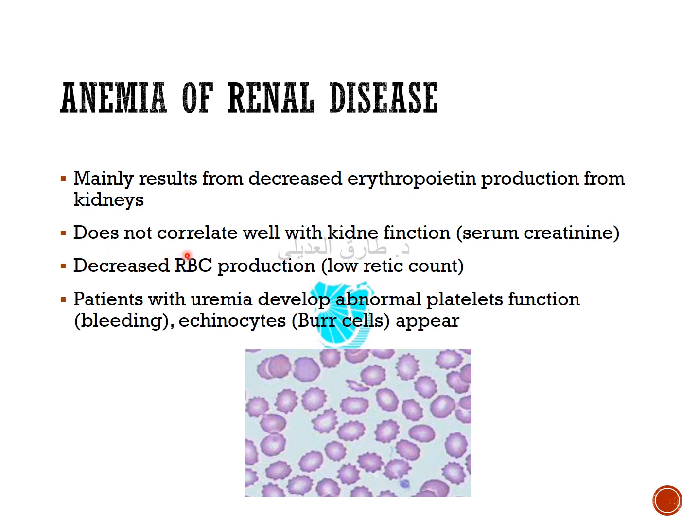So the patients will have decreased production of RBCs from the bone marrow. Usually there is no correlation between the amount of erythropoietin that is secreted and the kidney function when it is deteriorated.